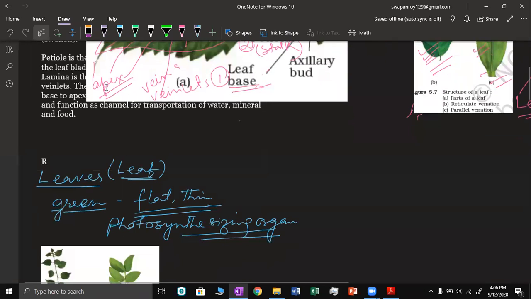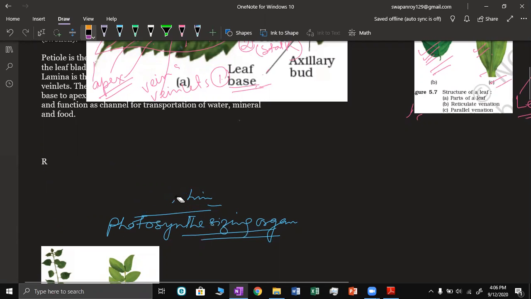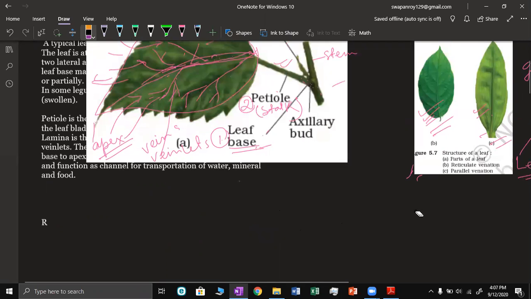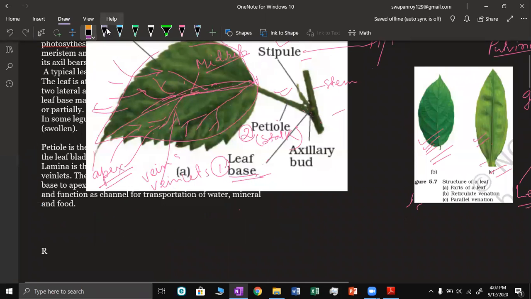Okay, in the previous class we started the leaf structure. We have seen the basic typical type of leaf, and then we learned about the venation of the leaf.